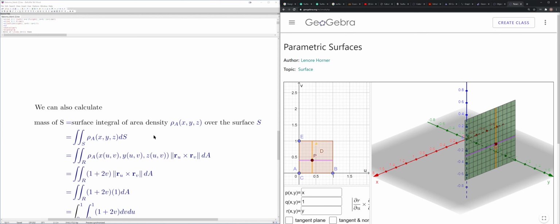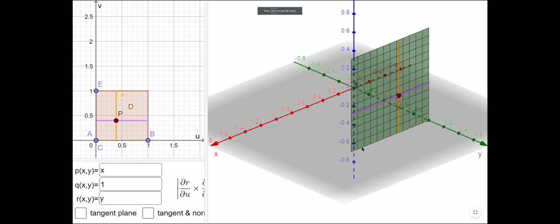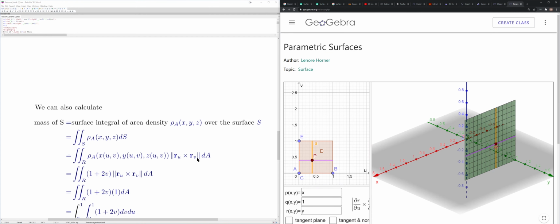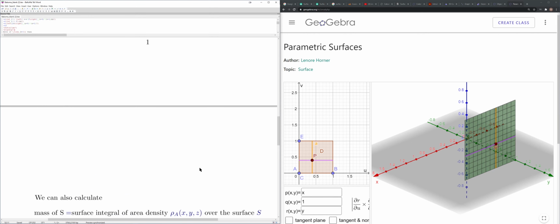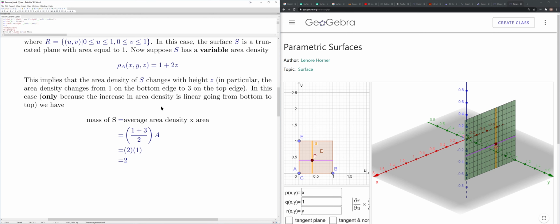So you use a surface integral of your area density, which in this particular case was varying between 1 and 3, and was specified by this function 1 plus 2z.